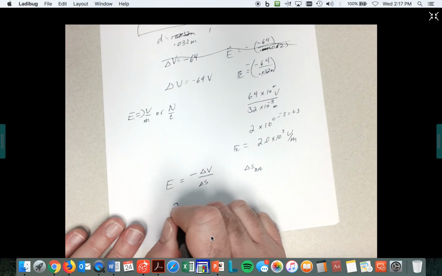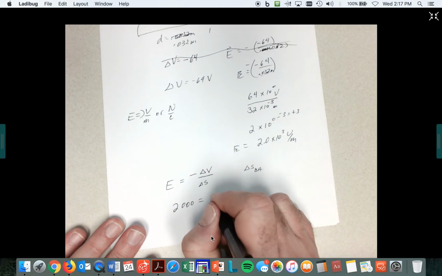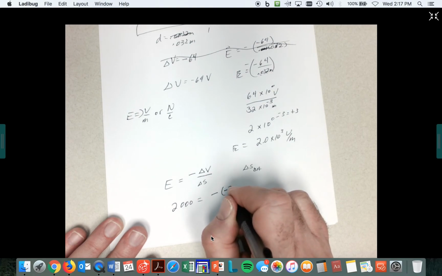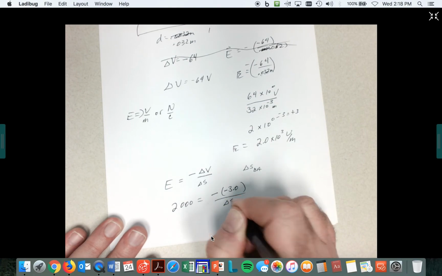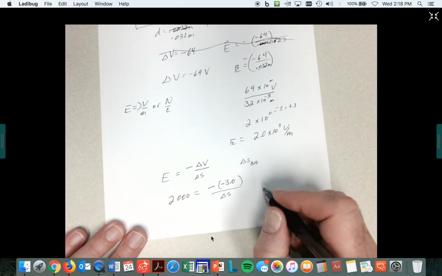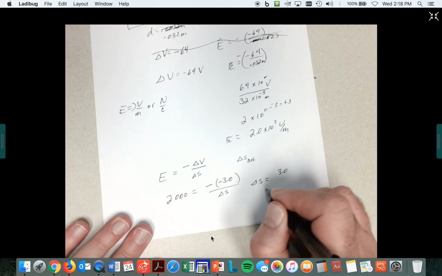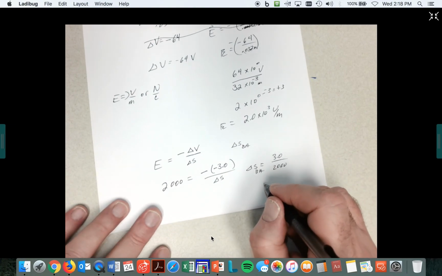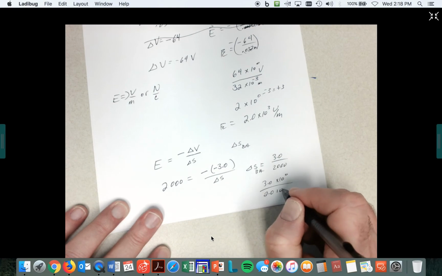So I've got 2,000 is equal to the negative of negative 3.0 divided by delta S. So delta S is equal to 3.0 over 2,000, which is 3.0 times 10 to the 0 over 2.0 times 10 to the third.